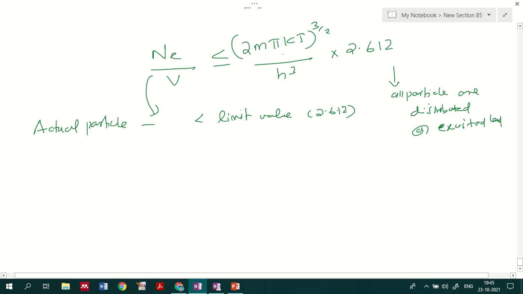What happens then? If there are 20 particles and the first 15 fill the excited levels, so that Ne/V reaches the limit, then the remaining 5 particles will be at the ground state level.